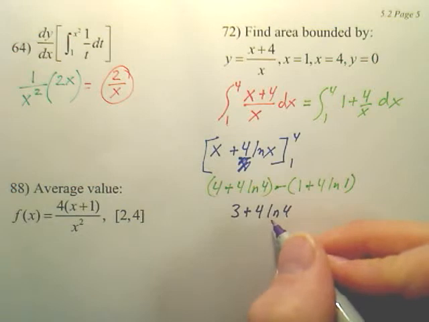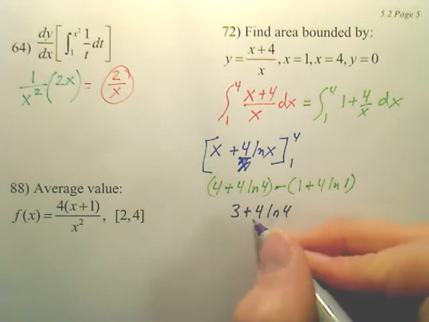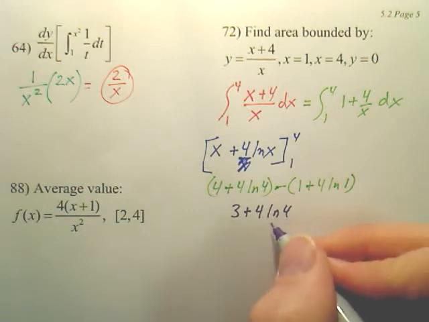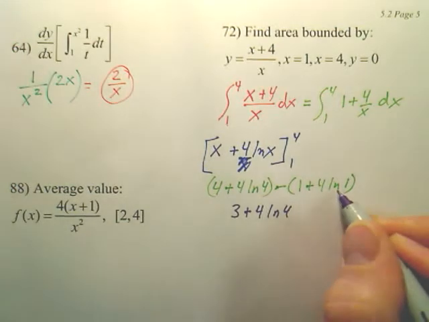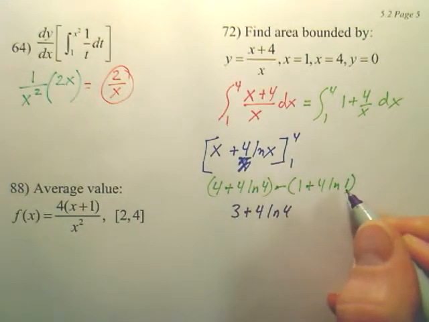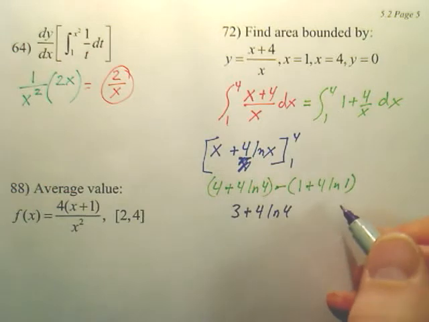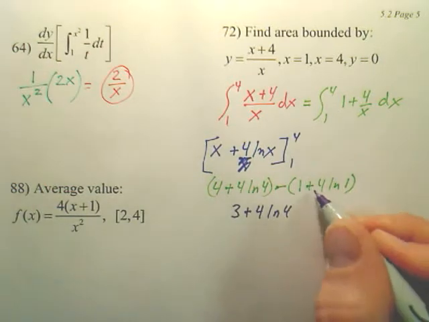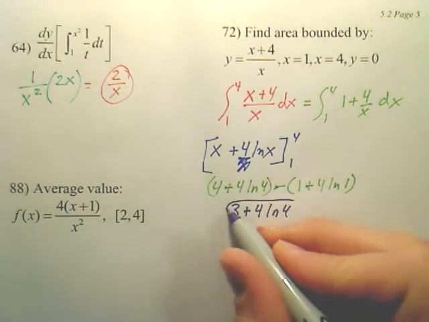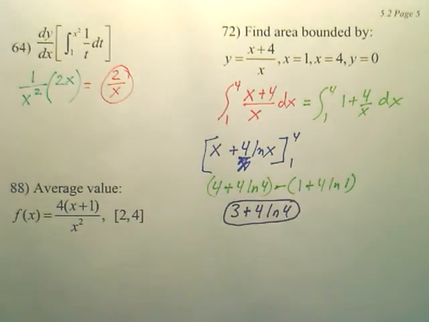No, that's right. That could be 4 to the 4th, which is a rather large number. And then what's ln 1? That's 0. Anything times 0 is 0, so 4 times 0 is 0, so that's my answer. Which, if you had a calculator, you could finish it.